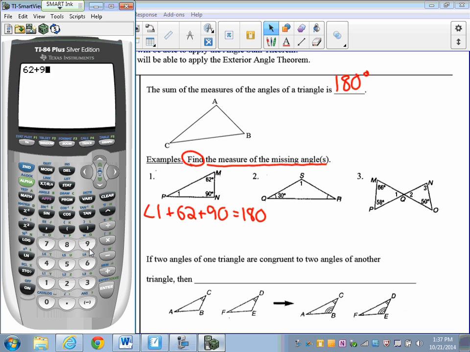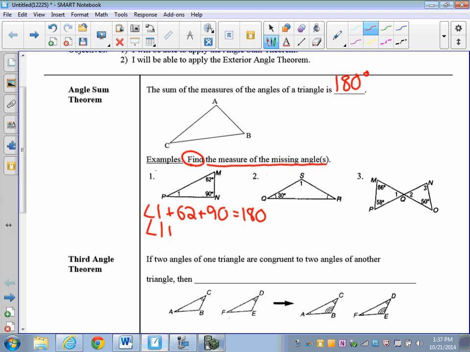So 62 plus 90 is 152. So I have angle 1 plus 152 equals 180. And when I subtract 152, I will get angle 1 equals 28 degrees.